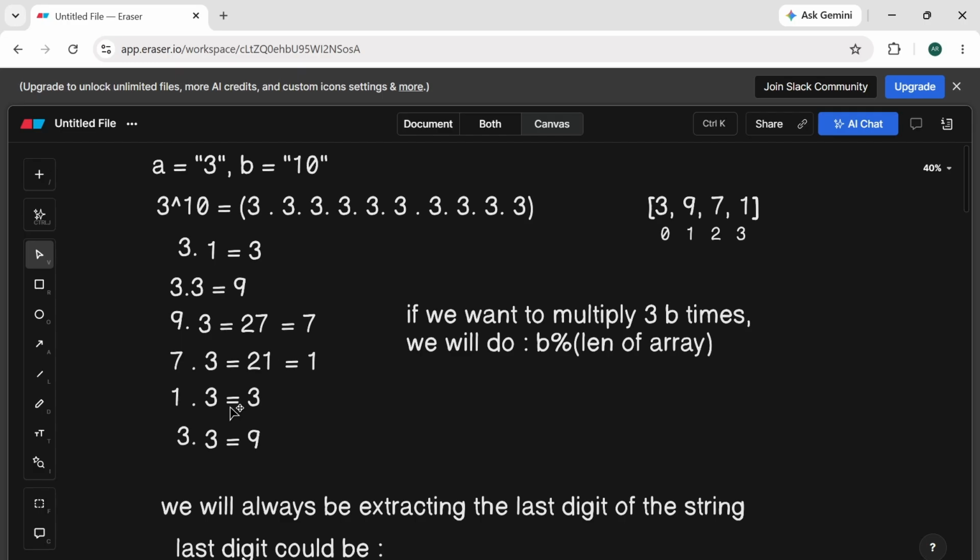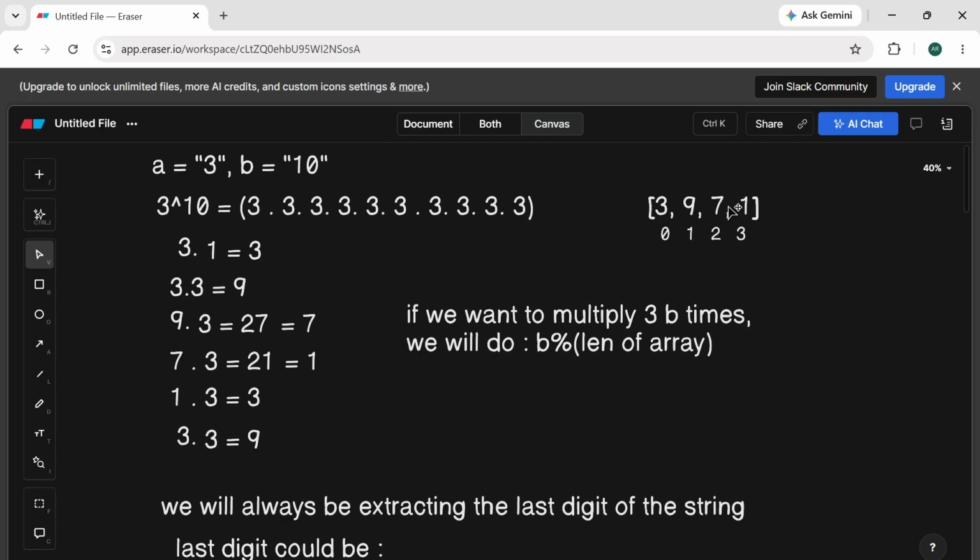I hope you understood. In this way, if you multiply again and again with 3, you will end up getting the same numbers. What I mean is, when you multiply 3 one time, you have the answer 3. Two times, you have the answer 9, I am talking about the last digit.